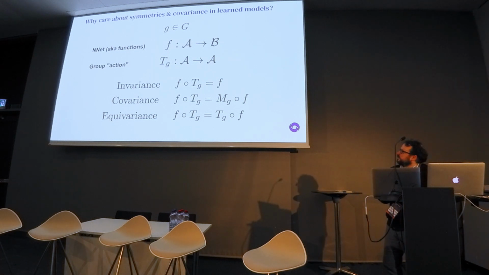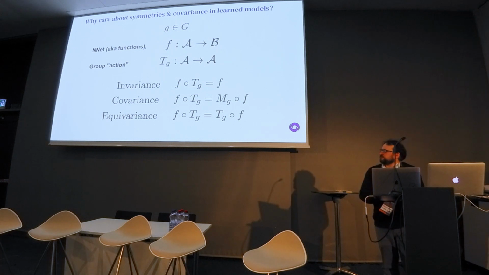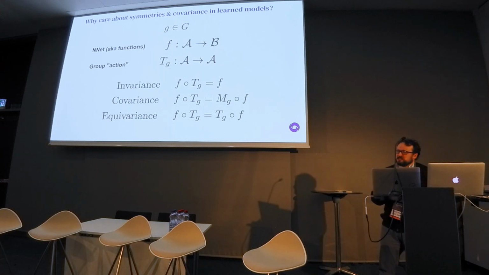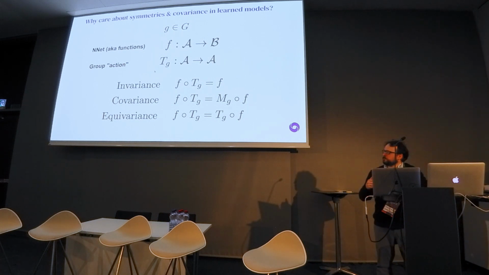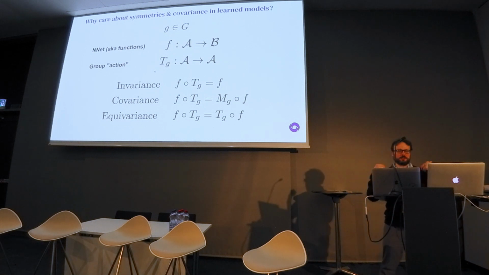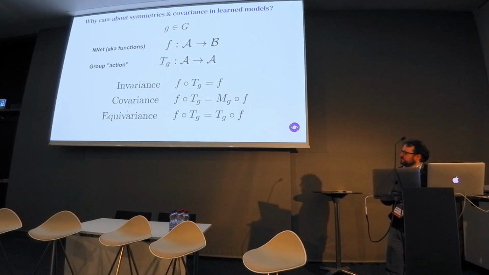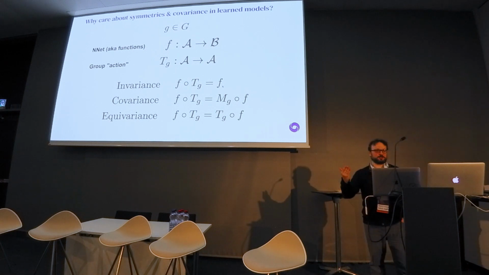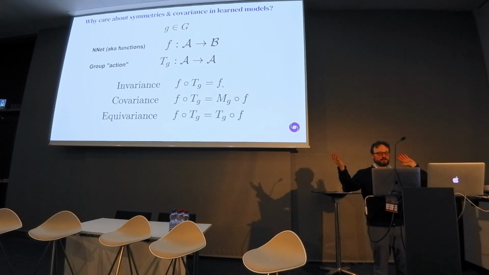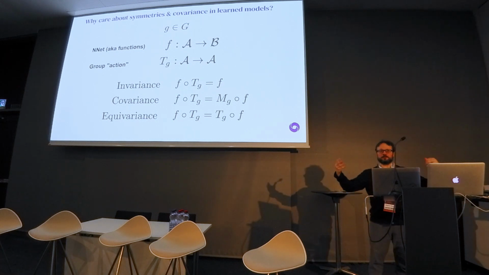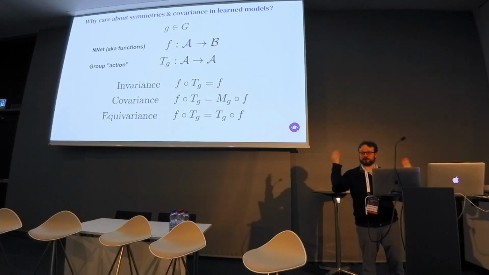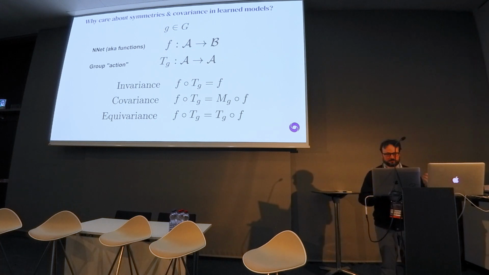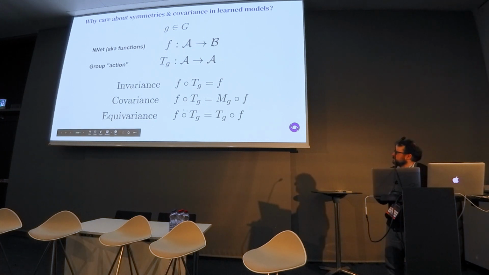And then the idea is that we have generative models or neural nets, which are really just functions from one set A to one set B. We assume that we know how the symmetry group acts on elements of set A. Obviously, invariance means that this function does not change, so if you have a probability density that is rotational invariant, it means that if I act on it with an element of the rotation group, it's going to remain the same density, like a spherical Gaussian, for example. This is just putting names to things.